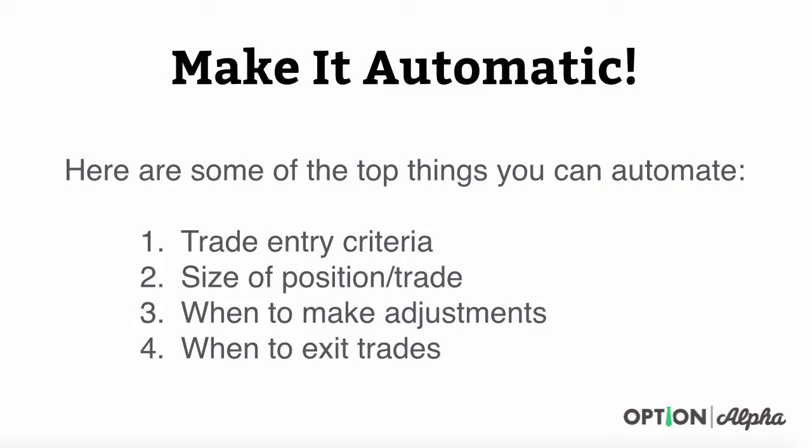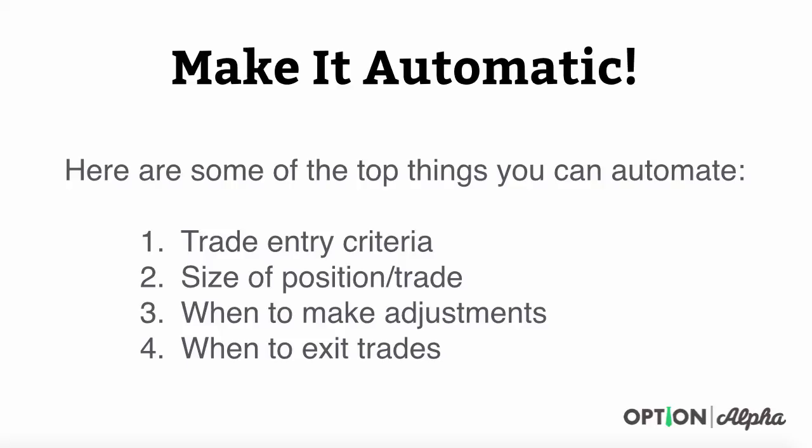And number 4, we can automate when we exit trades. So again, just like we can create automatic alerts for ourselves when stocks hit certain prices or options hit certain deltas, we can also create automatic closing orders to get us out of trades at predetermined targets.